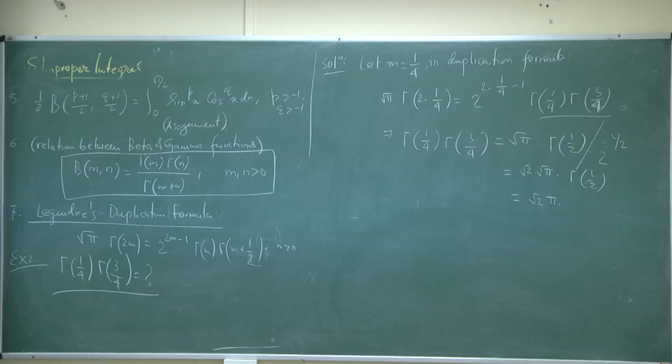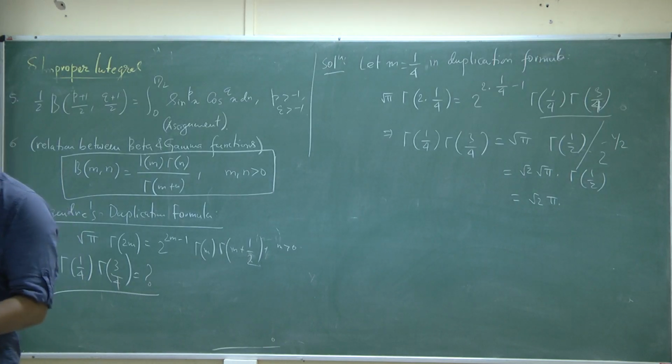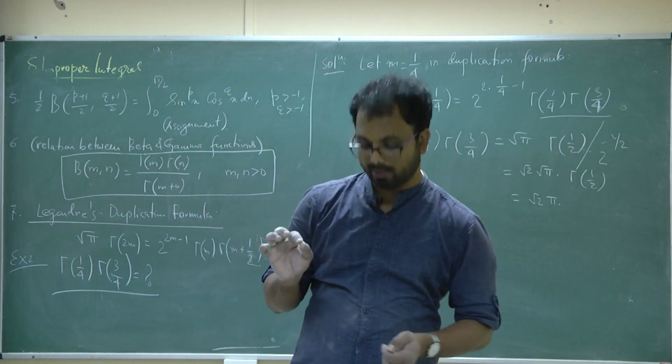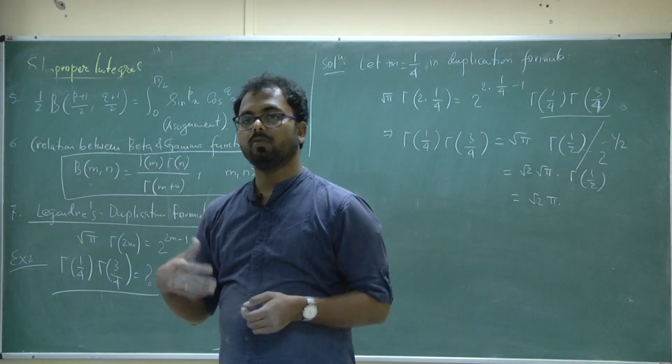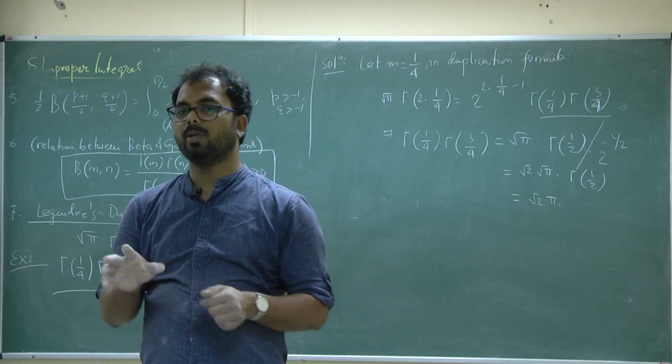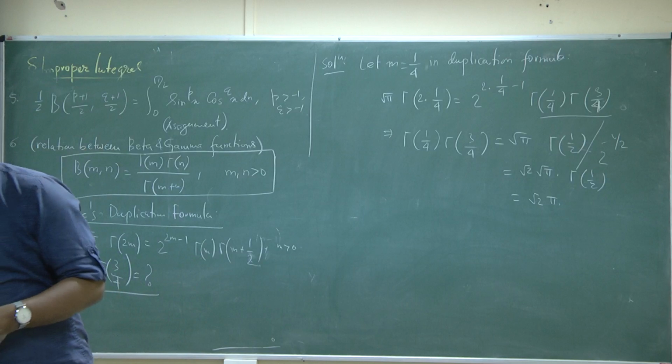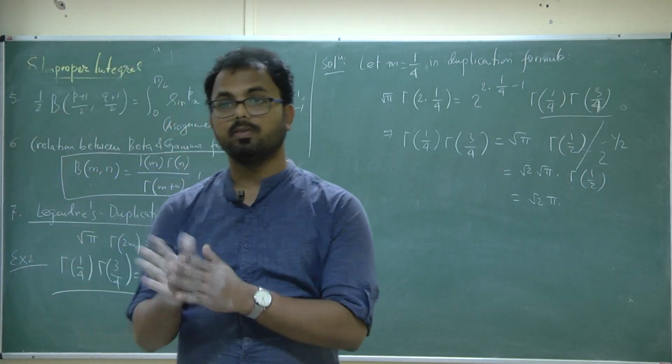So we'll stop here today, and in the next class we will continue with some more examples on gamma and beta function, and then we'll move on to our next topic, which is double and triple integral. The reason why we started with integral calculus is that I have covered a very good portion of vector calculus.